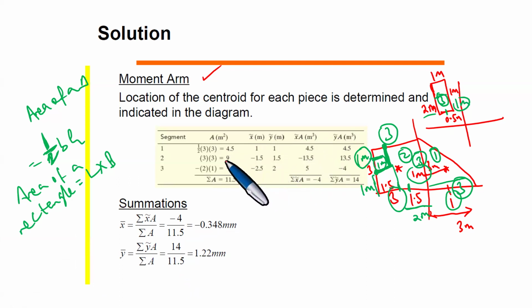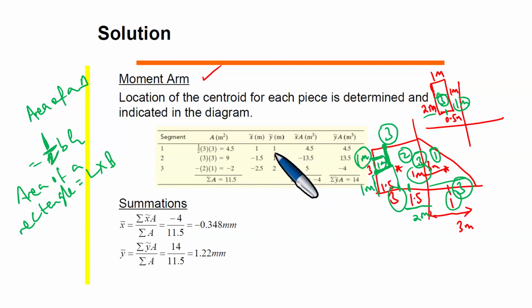Minus 1.5 by 9 is minus 13.5. Minus 2.5 times minus 2 is equal to 5. Then you add all these, you get 11.5 for the areas, and for the products you add with the negatives, and you get that the sum of these products is minus 4.